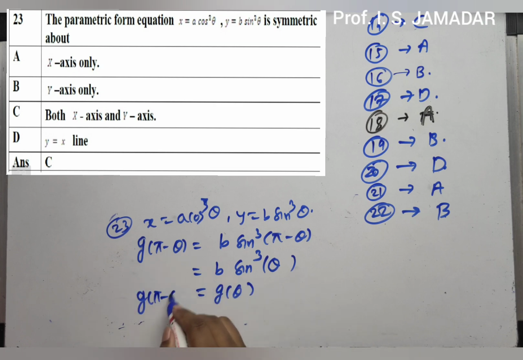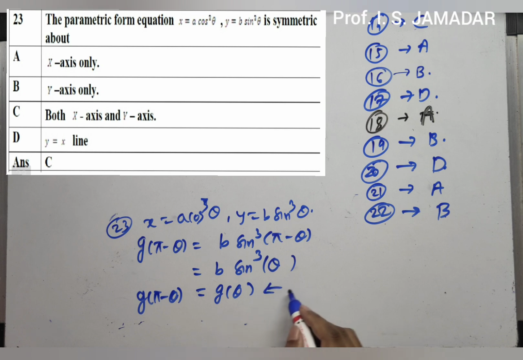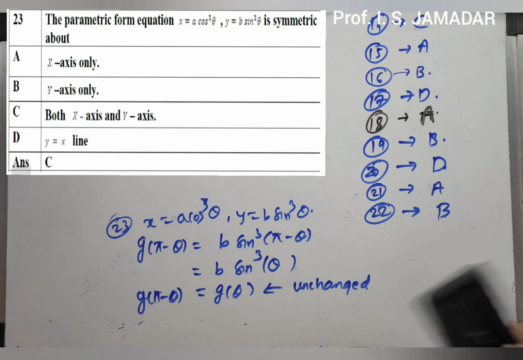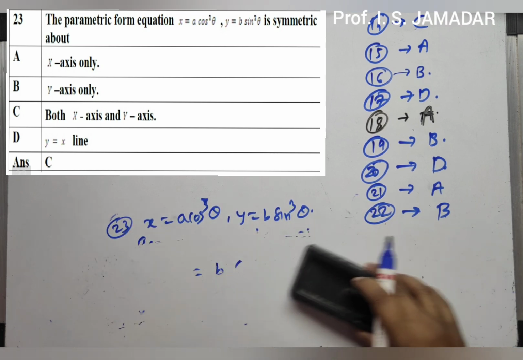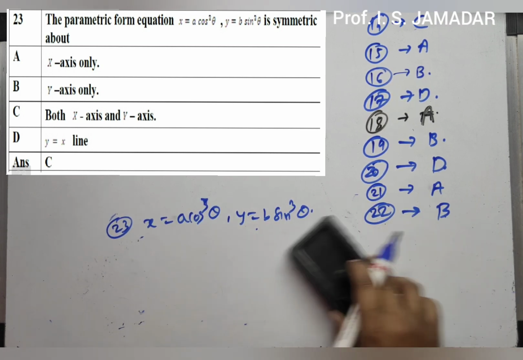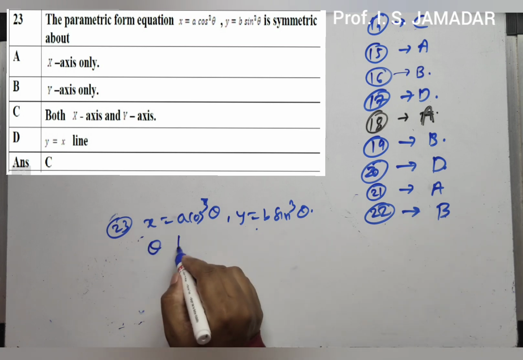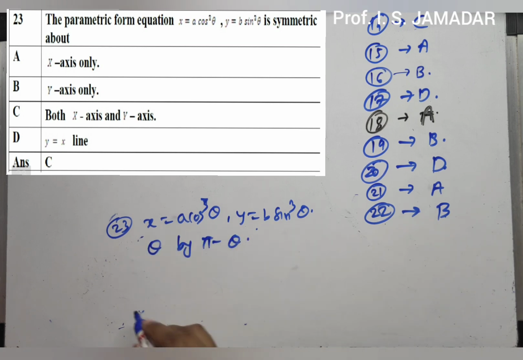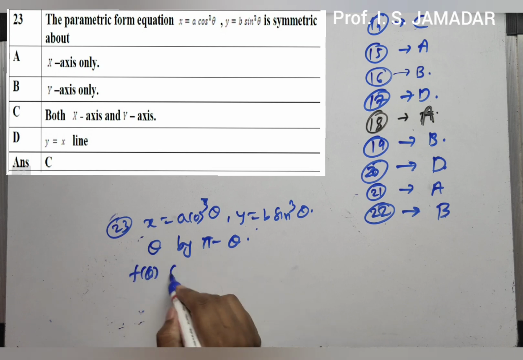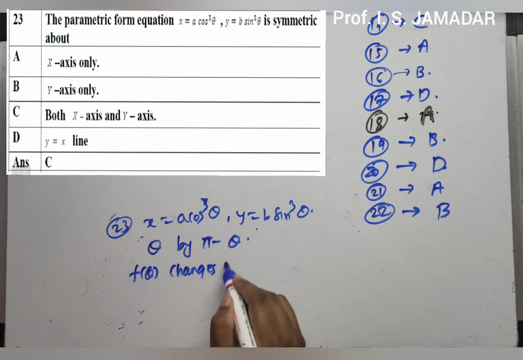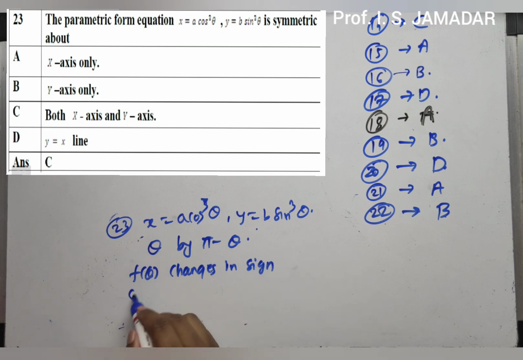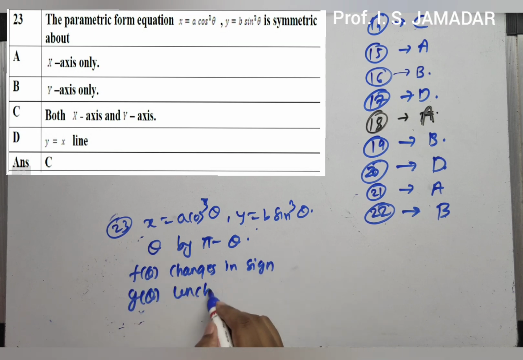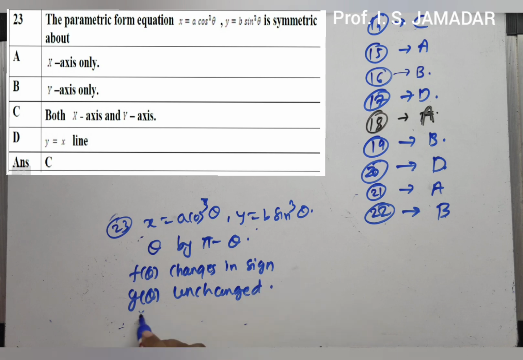So g of pi minus theta is g of theta. It means it is remaining unchanged. So after replacement of theta by pi minus theta, f of theta changes in sign and g of theta is unchanged. Therefore the alternate rule for symmetry about y-axis is satisfied.